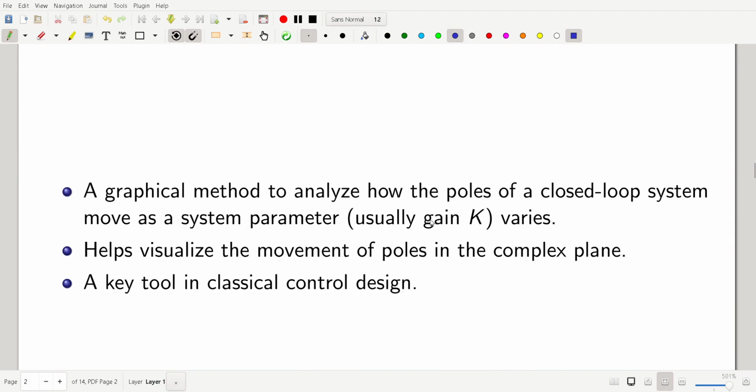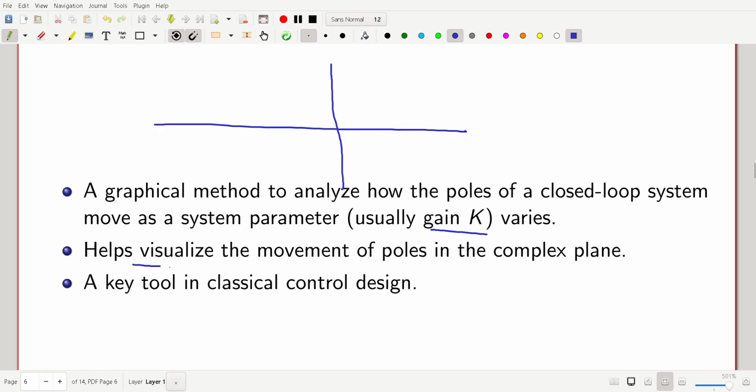It is a graphical method to analyze how the poles of the closed loop system move as a system parameter, generally the gain K, is varied. In the s plane, it is like the path of the closed loop poles, showing how they vary.